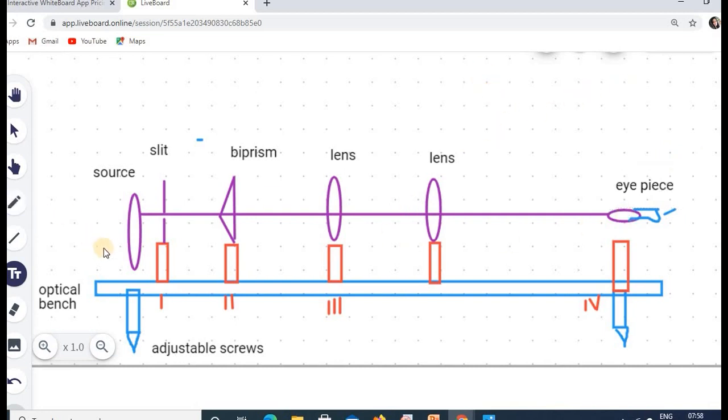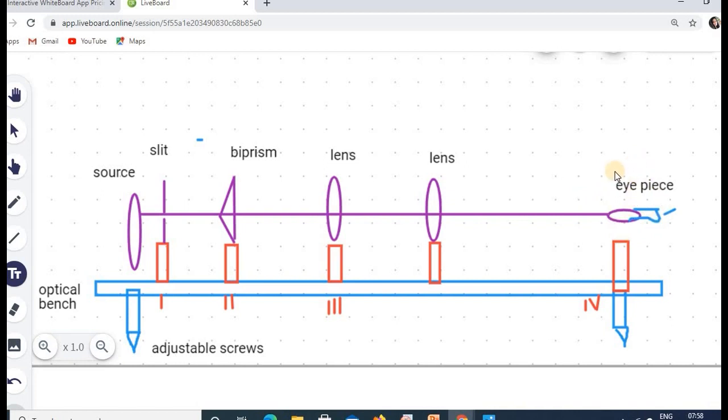Okay, so to start with the experiment, the slit is illuminated by the monochromatic source of wavelength lambda, whose wavelength is to be determined, and the slit is made very much vertical, and you can adjust the biprism such that you can observe the interference pattern through the eyepiece of the microscope.